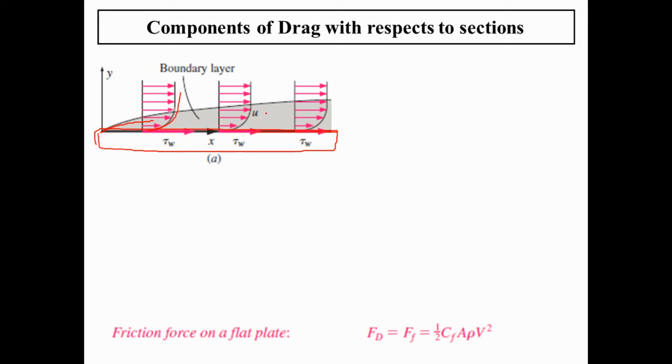There is a lot of shear, because this velocity is different and this velocity is different. Due to this shear, between the surface of the solid and the fluid there is friction, and that is called frictional drag, because the solid and the liquid in contact introduce a lot of friction, which is represented by tau w. As it increases, you can see the effect of tau w.